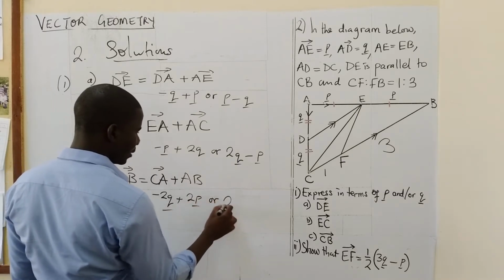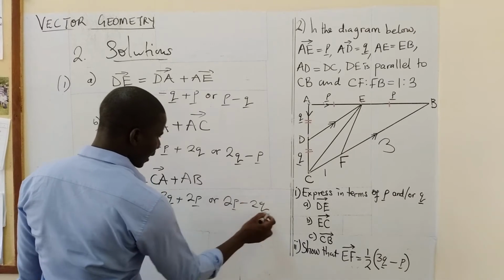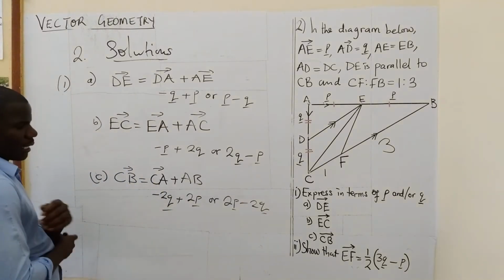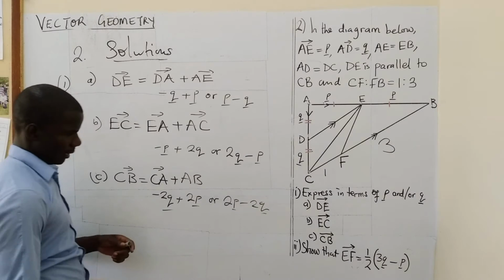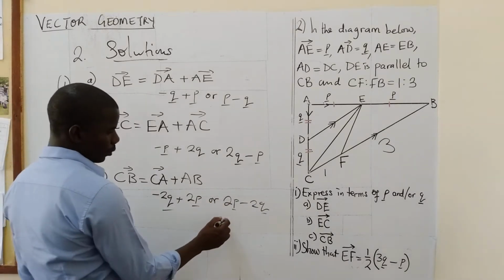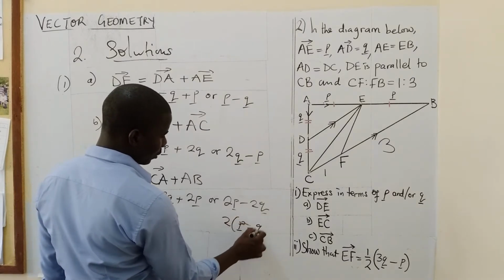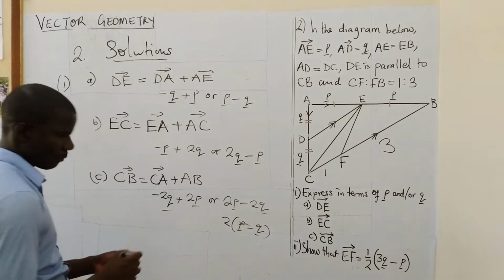Also this can be written as 2P minus 2Q, just to avoid having a negative at the beginning, that is the essence of rewriting in this manner. If you want further, a 2 can be factorized. 2 is common here, so we can have 2 open brackets P minus Q, like this.